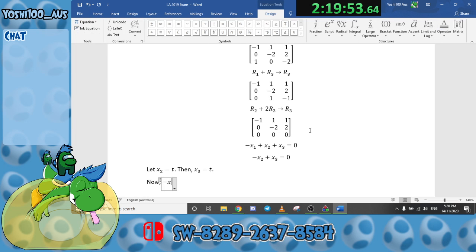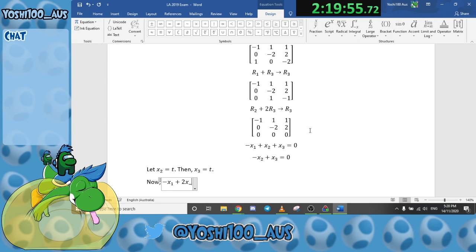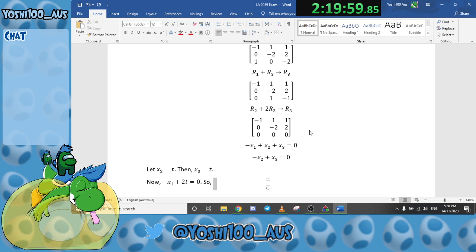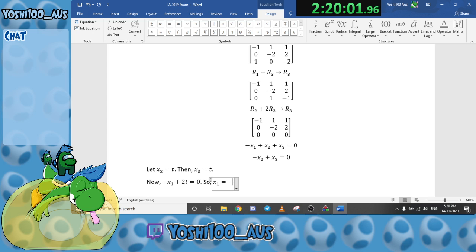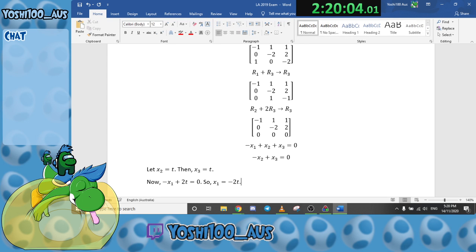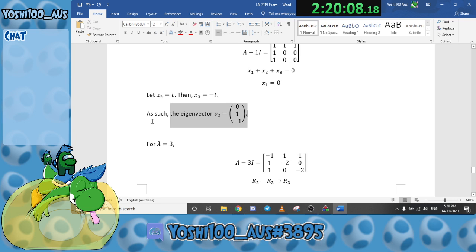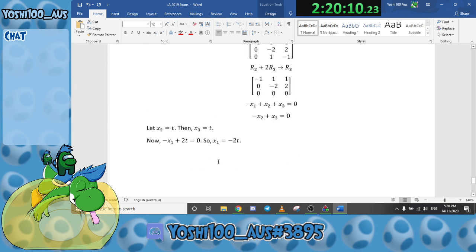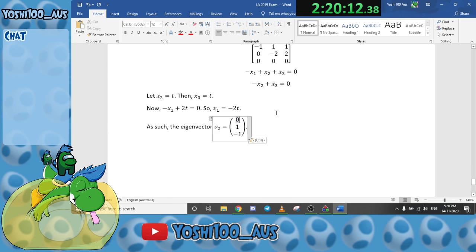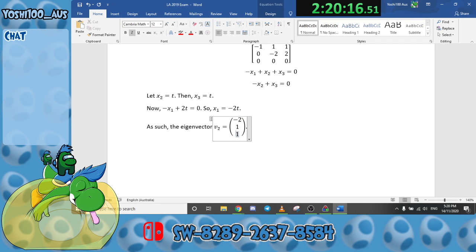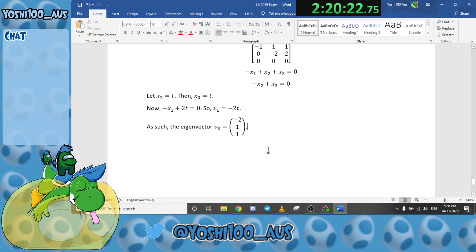Now, minus x1 plus 2t equals 0, so x1 equals minus 2t. Right, and then this is minus 2, 1, 1. And that is our 3 eigenvectors completed.